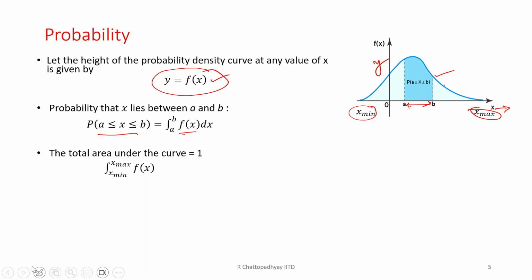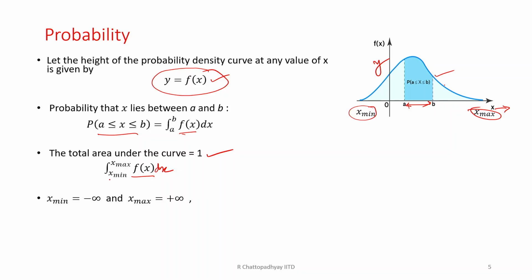So total area under the curve, the total probability has to be always 1. That means in this particular case, the integration of f(x) dx should be written here. This total area is supposed to be 1.